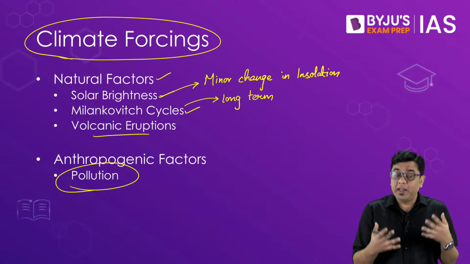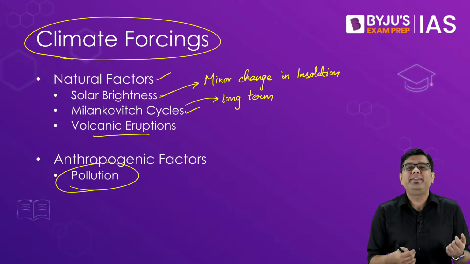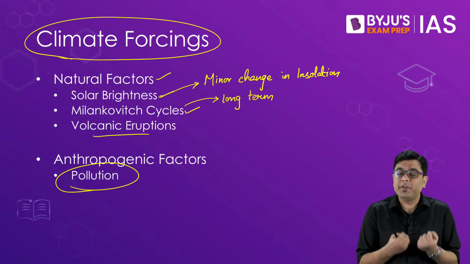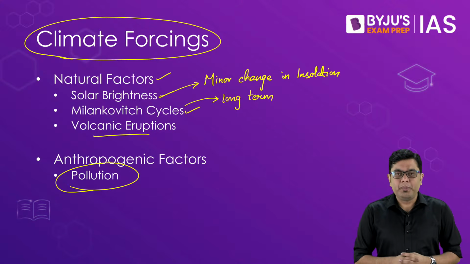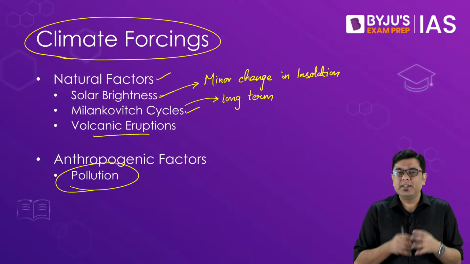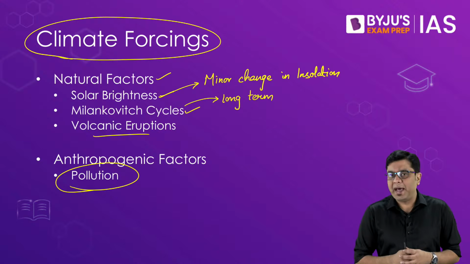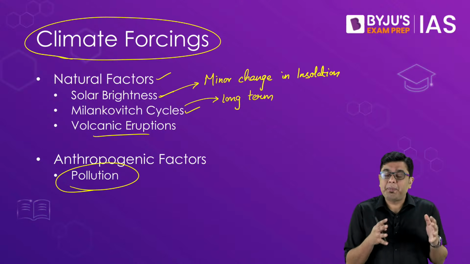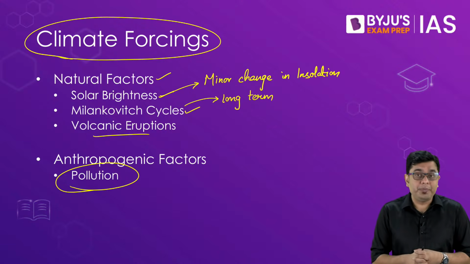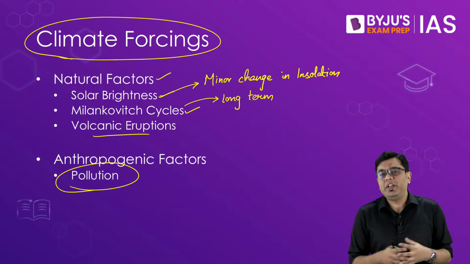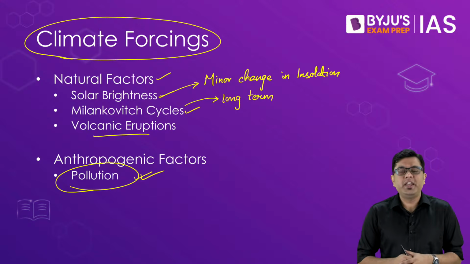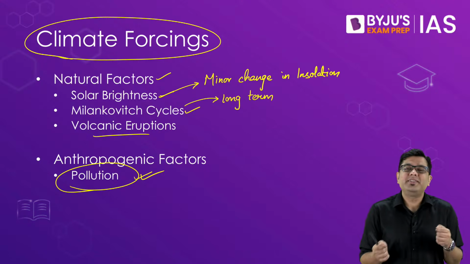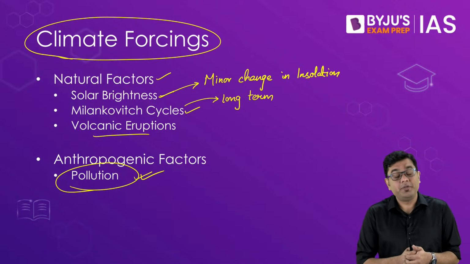When these effluents are released, they significantly increase the rate of absorption of heat and thereby have the possibility to change and disturb the energy balance of the planet. The recent spate of climate change that we are observing, the rise in temperature, is because of the anthropogenic factor of pollution, which is disturbing the heat budget of the planet.